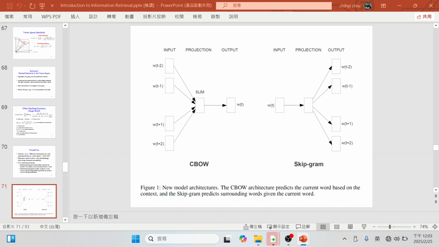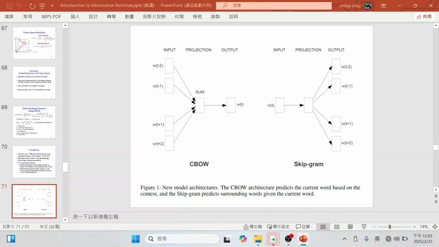The left-hand side is the continuous bag of words model. Here they give an input of 4 words, and I want to use these 4 words to predict the middle word.